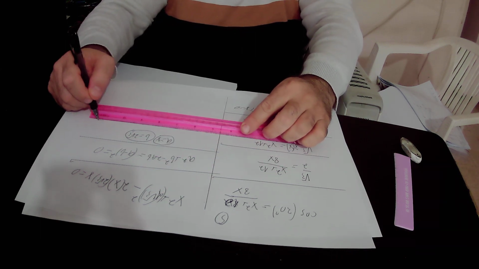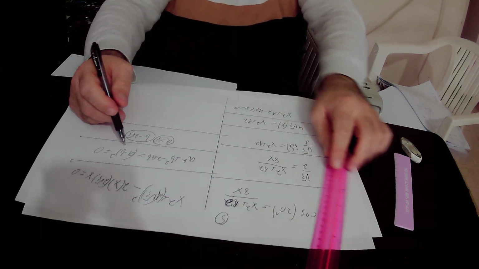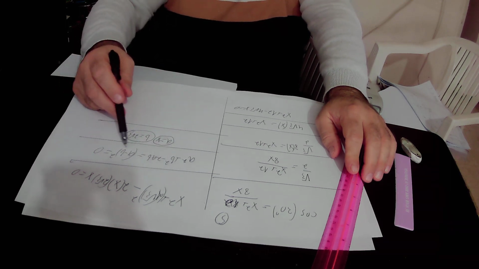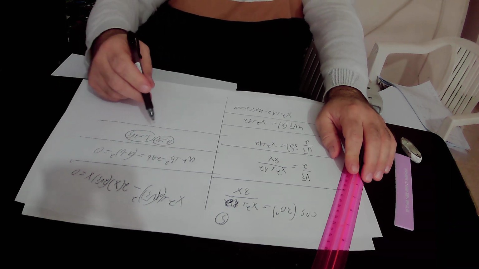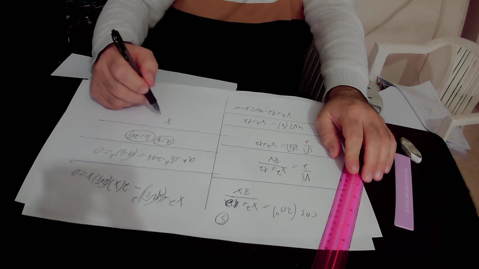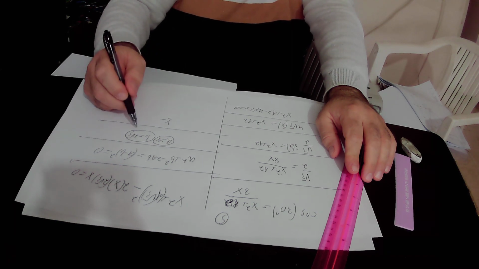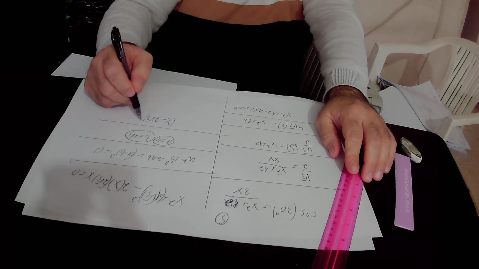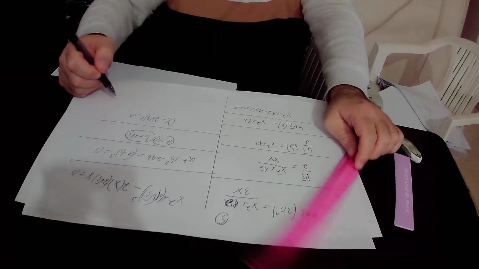So according to this identity, this expression equals a minus b squared, which is x minus 2 times square root of 3 squared equals 0.